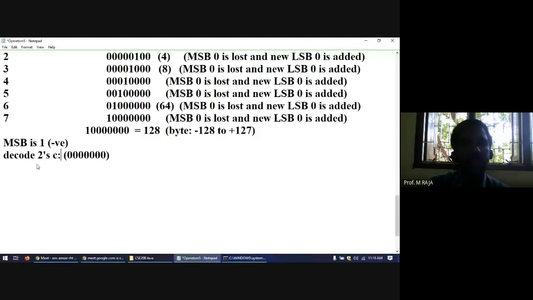What is its 2's complement? Converting zeros into ones gives 7 ones, plus 1.